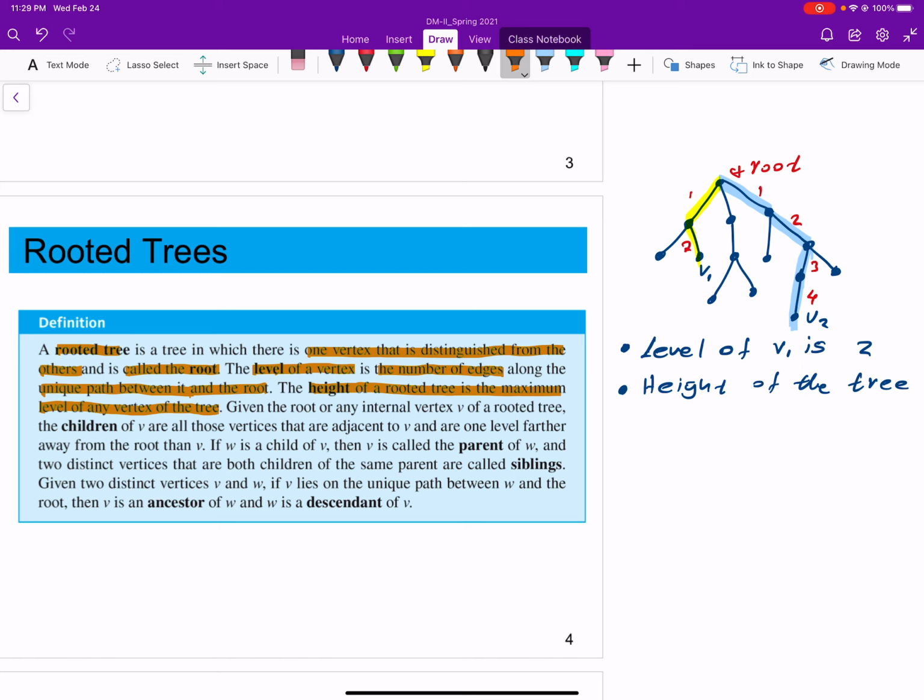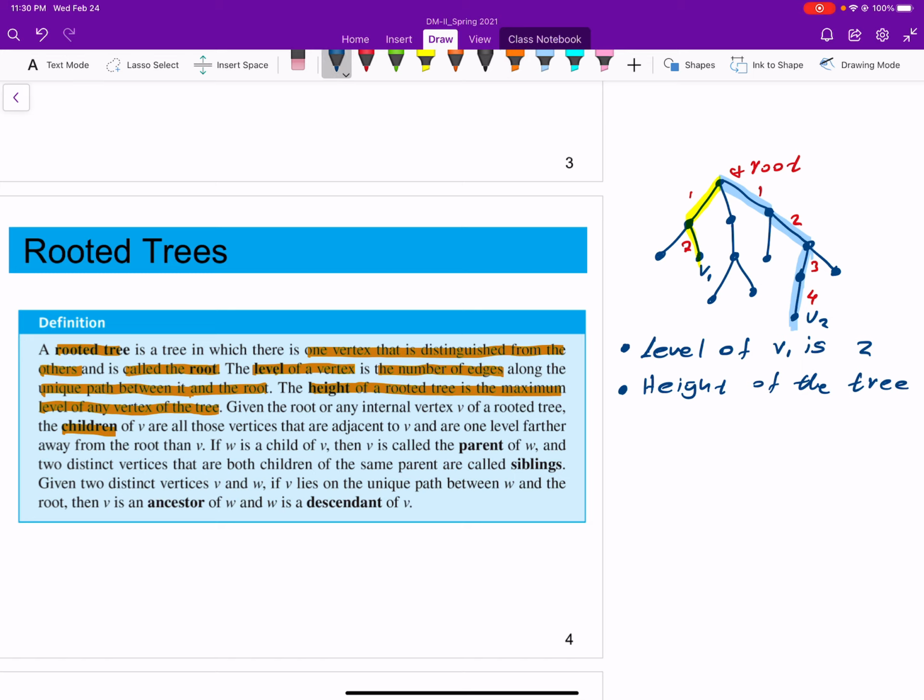Then given the root or any internal vertex V of a rooted tree, the children of V are all those vertices that are adjacent to V and are one level further away from the root than V. Okay, now we are going to talk about children of a vertex. Given the root or any internal vertex, we have to get any internal vertex.